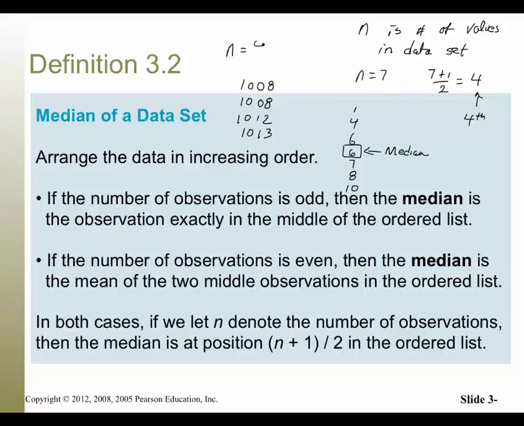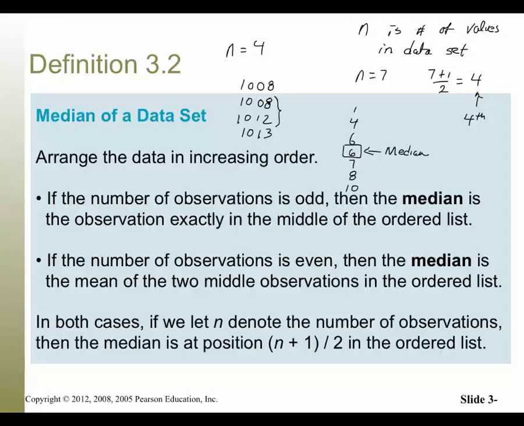N is 4. Is there a middle value? Is one of those truly the middle value? No. So what we need to do is take the average of the two middle values.